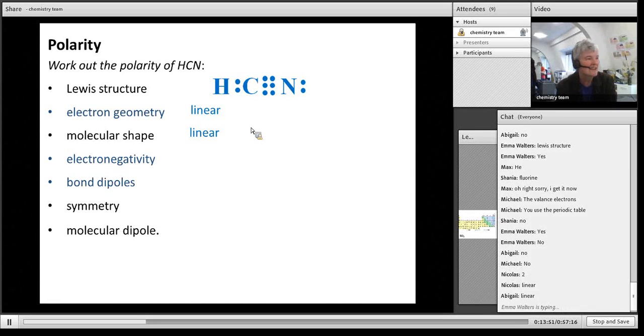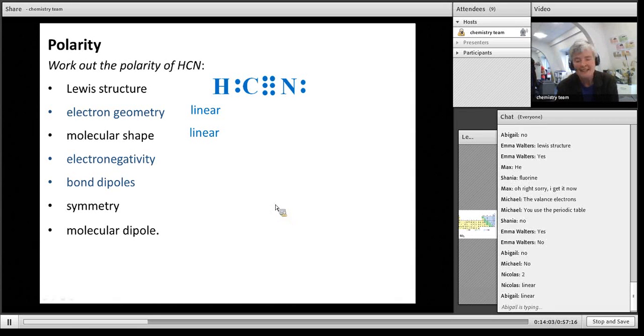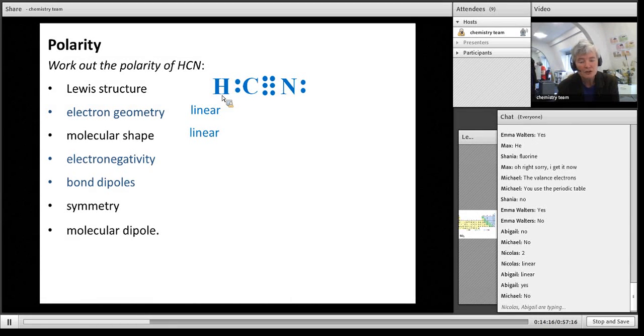Okay, so I see quite a few are typing and trying to get ahead. Thanks. Now we've got two different types of bonds here. We've got a CH bond and we've got a CN bond. Is the CH bond polar? In other words, is the electronegativity the same between carbon and hydrogen? Okay, basically at level 2, you can assume that every element has a different electronegativity.